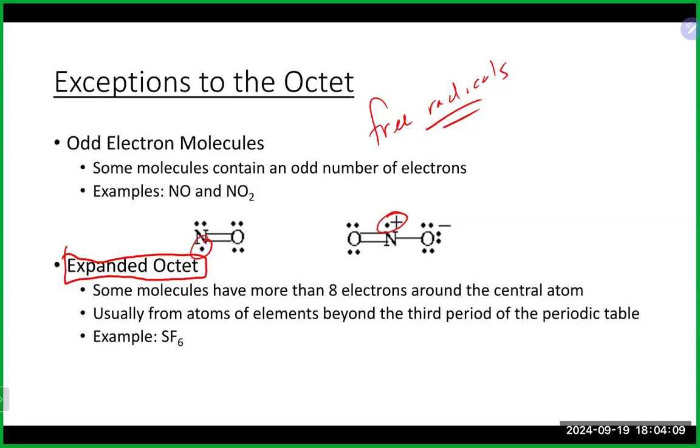Some molecules can go beyond 8, upwards of 10 to 12 electrons bonded to the central atom. Those that can do that, if you look on the periodic table, are your friend sulfur, and you go to the right, to the left, and down, in the non-metal region. These guys are able to go to the expanded octet.